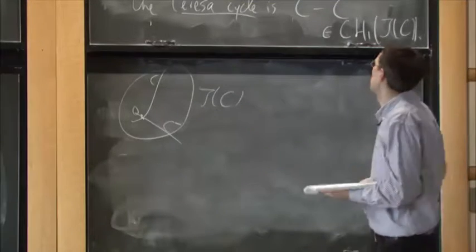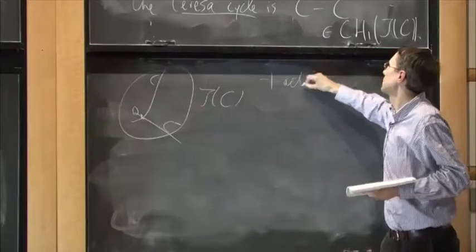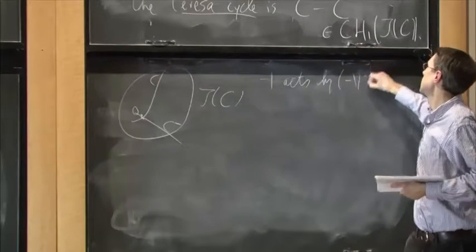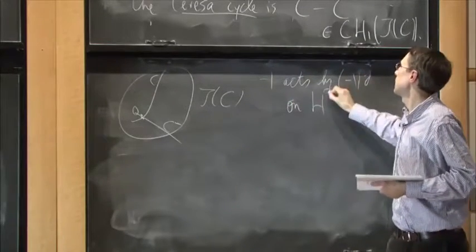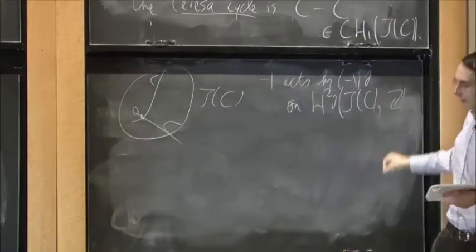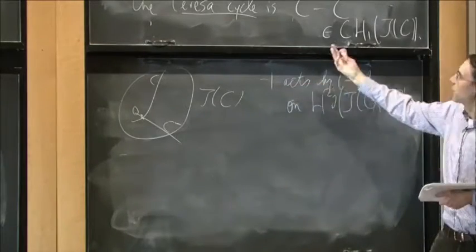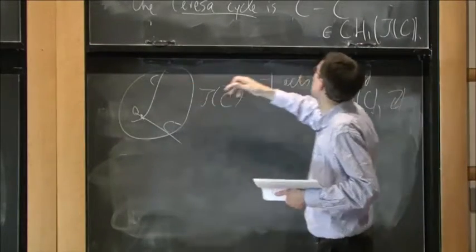Okay. So the point is that -1, as an automorphism of the Jacobian, acts by (-1)^j on H^j of the Jacobian, just because it's pretty obvious. So this automorphism acts by the identity on cohomology in even degrees.